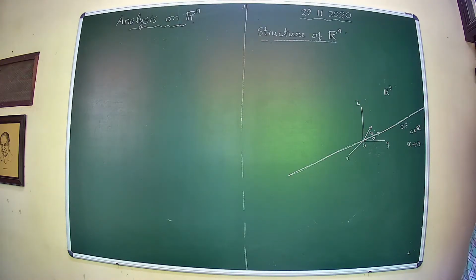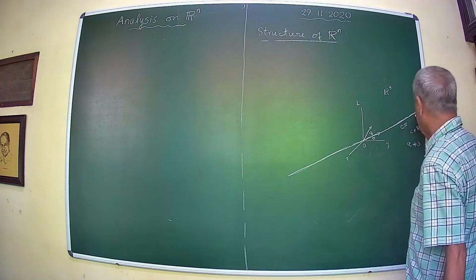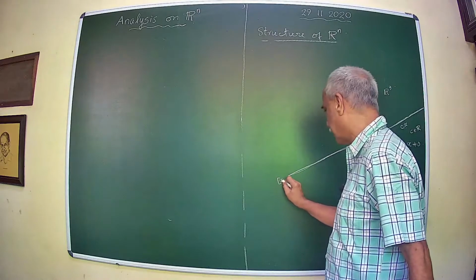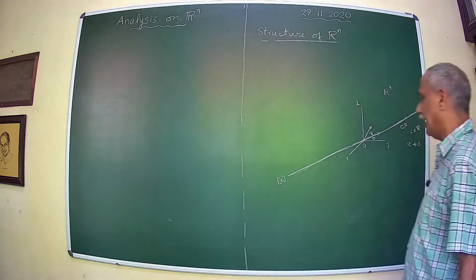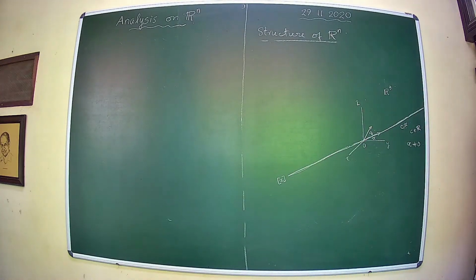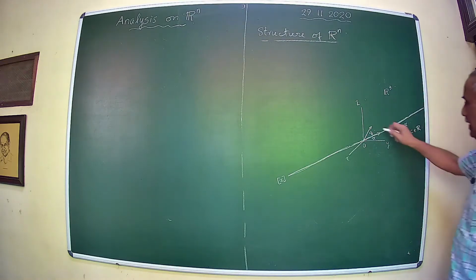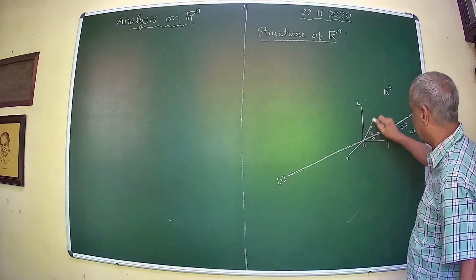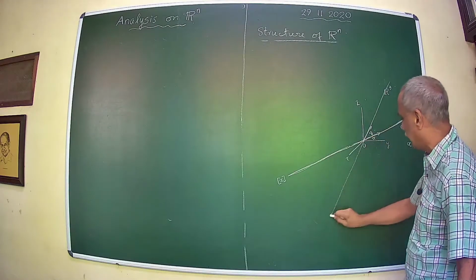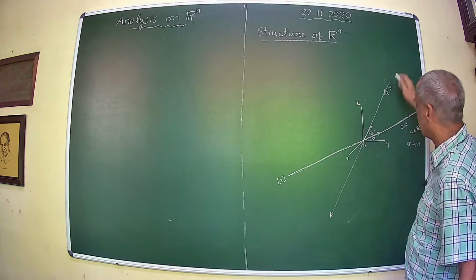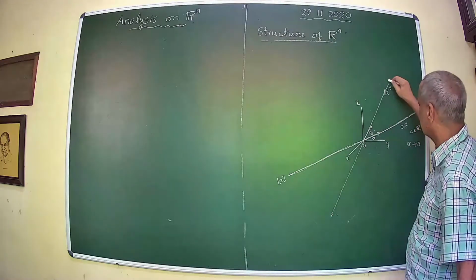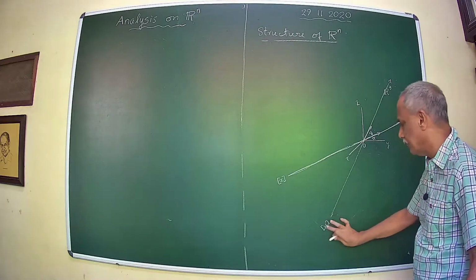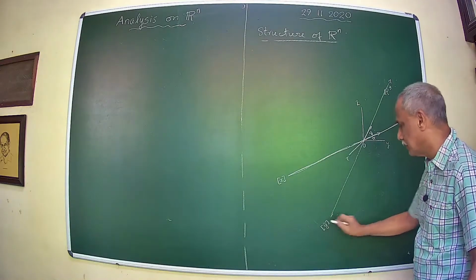Let me denote this line by [x], the line generated by x. If y does not belong to this and you apply the same technique, you will be generating another line, which you designate by [y].